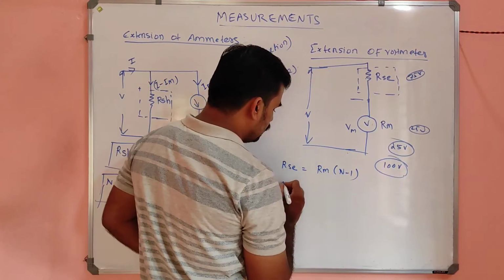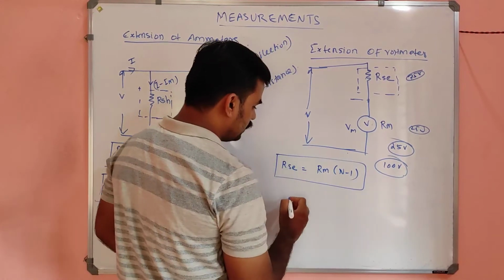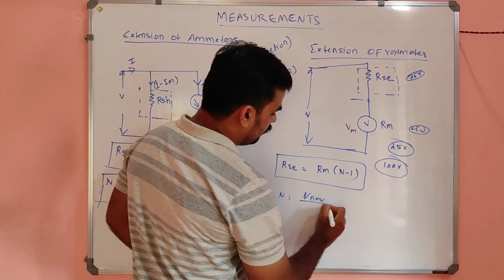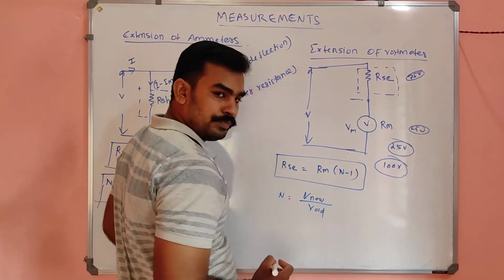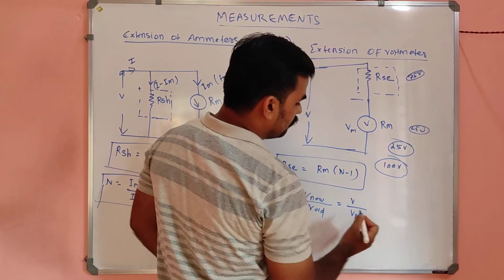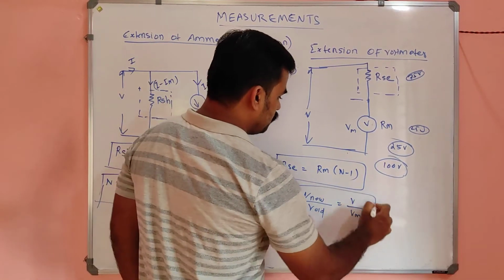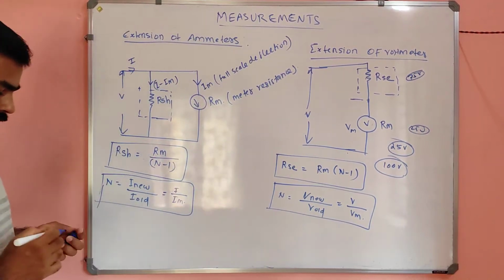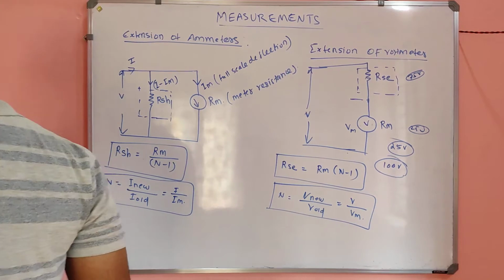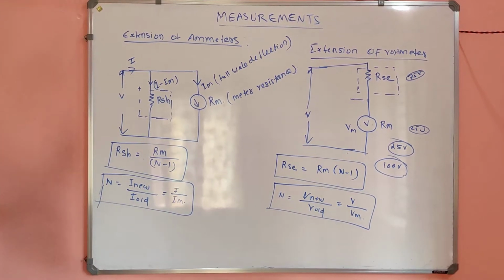Now n will be equal to V new divided by V old, where V new is nothing but V, and V old is nothing but Vm. This equation is very important. If you know these two equations, then you can easily extend the range of the voltmeter also.